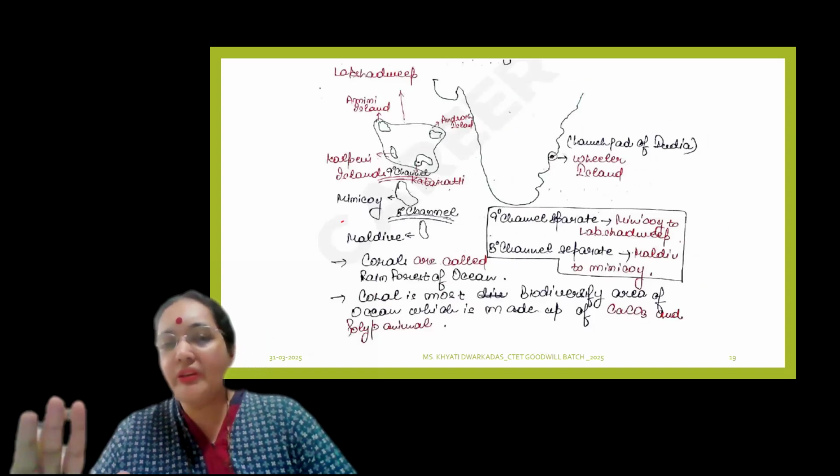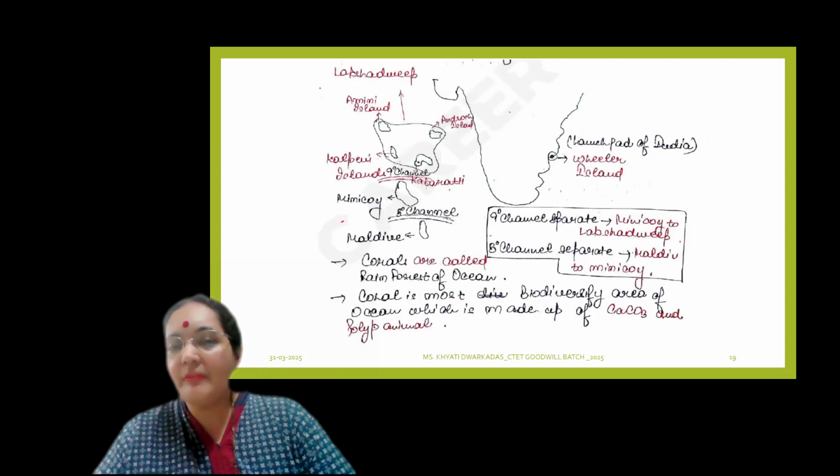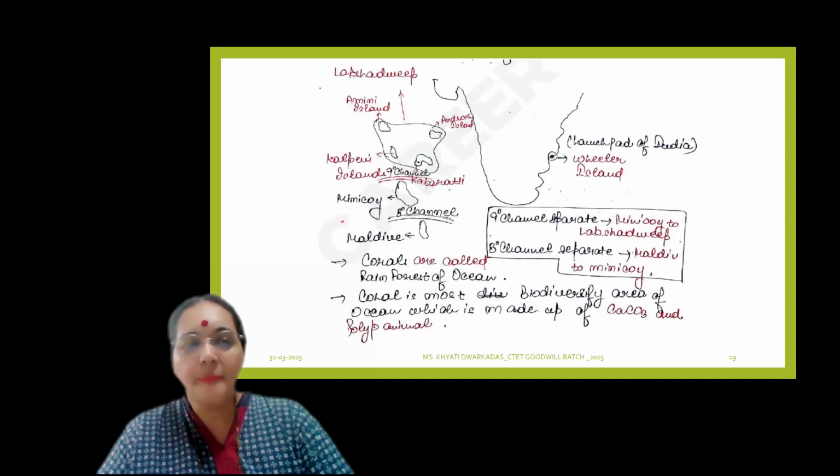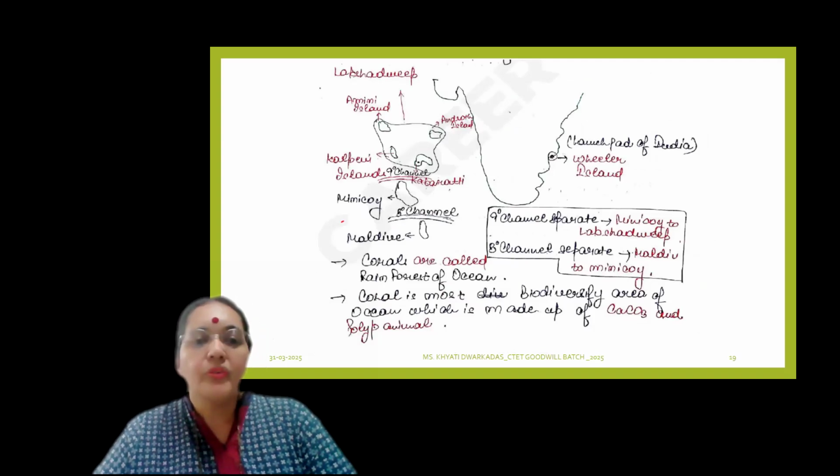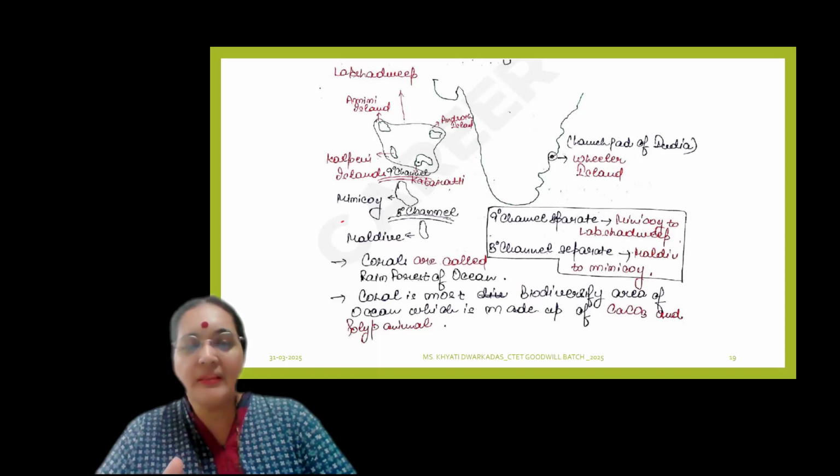Like I showed you on the eastern side in the Bay of Bengal, we've had all these islands there. On the western side, you have Amini Island, Androth Island, Kalpeni Island, Kavaratti, then the 9-degree channel, then Minicoy Island, followed by the 8-degree channel, and then there is Maldives.